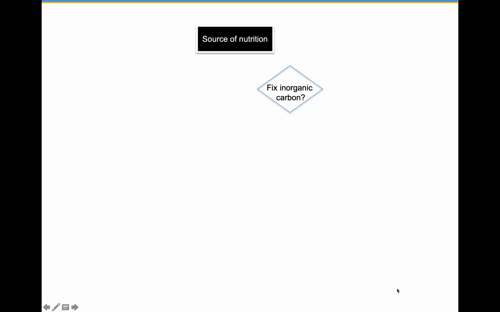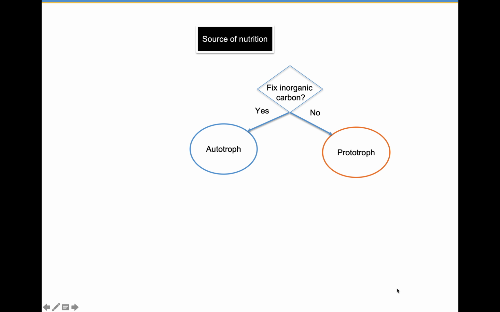So if you're going to decide which class an organism belongs to, you ask a question: does this organism fix inorganic carbon? If the answer is no, the organism is put into the class of heterotrophs. If the organism can fix inorganic carbon from the environment, then we call it autotroph.